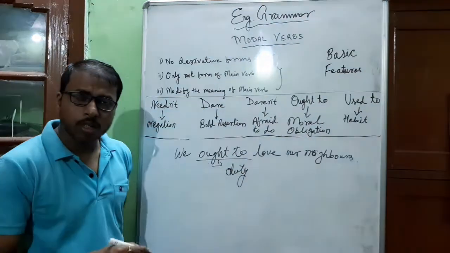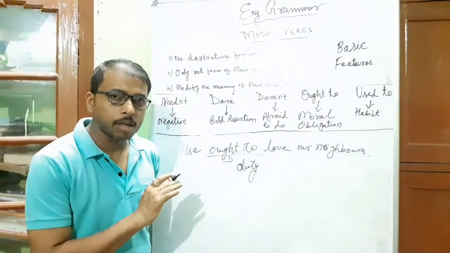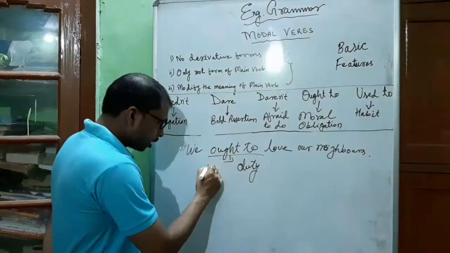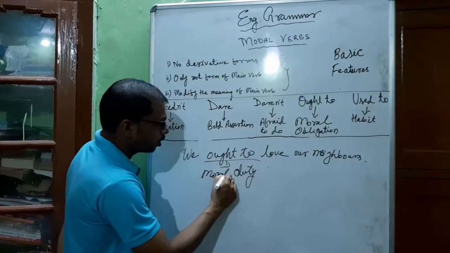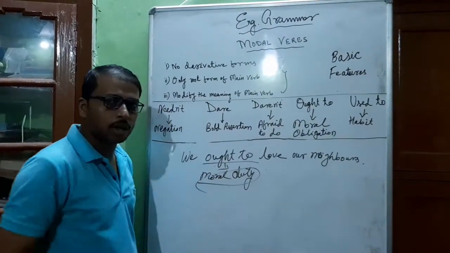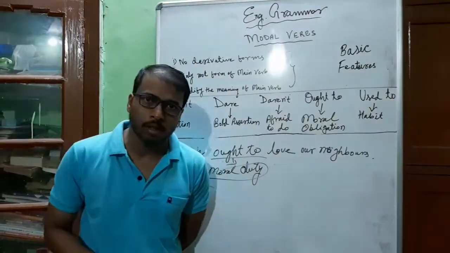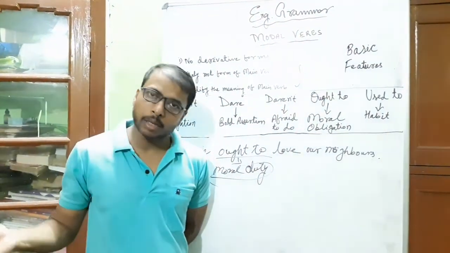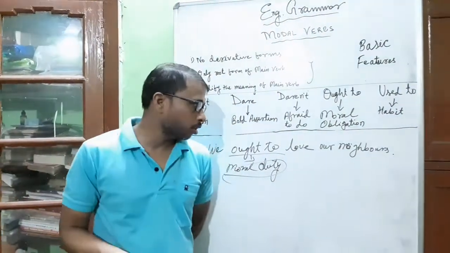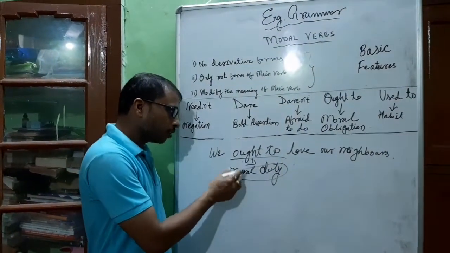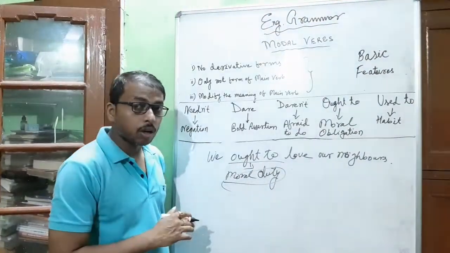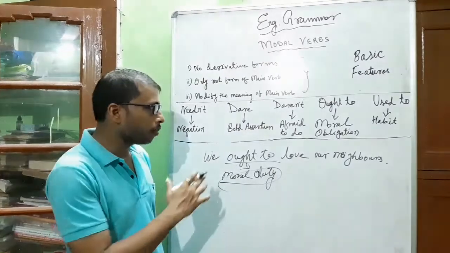But this duty is not mandatory. It is a moral duty that we should love our neighbors. Doesn't mean that all love their neighbors. All don't love their neighbors. There are many neighbors who quarrel with each other. So it is our moral duty. For such purpose, we can use ought to. Okay, I hope I am clear.